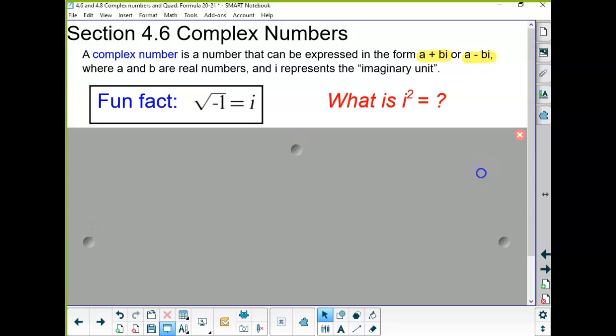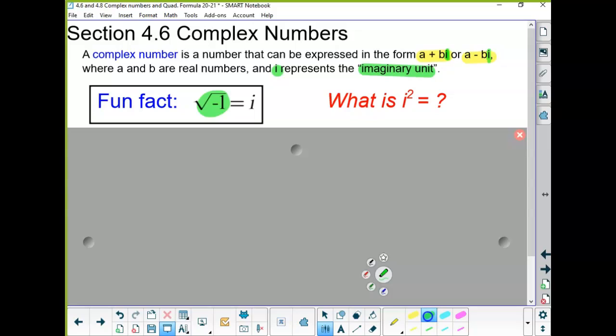Okay, so where does this i, or this imaginary unit, actually come from? When we say i, well, what is i? We saw what i was. i is anytime you have a negative number, we can pull out a factor of -1.